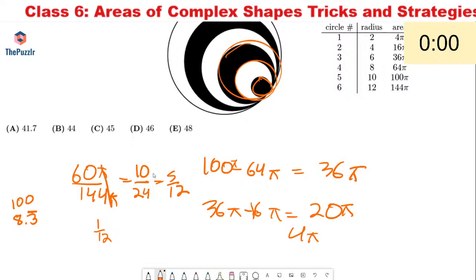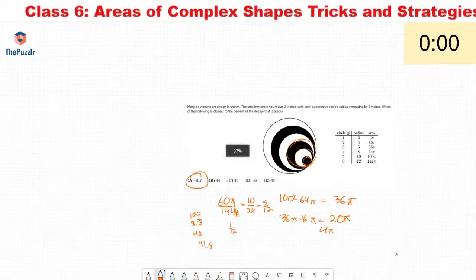We're asked to find 5/12 as the percentage. Multiply this by 5. We get 8 times 5 is 40. 3 repeating times 5, well, that's going to give us approximately 1.5 plus something. So this is going to be 41.5-ish, right? That is the closest answer, and we're done.